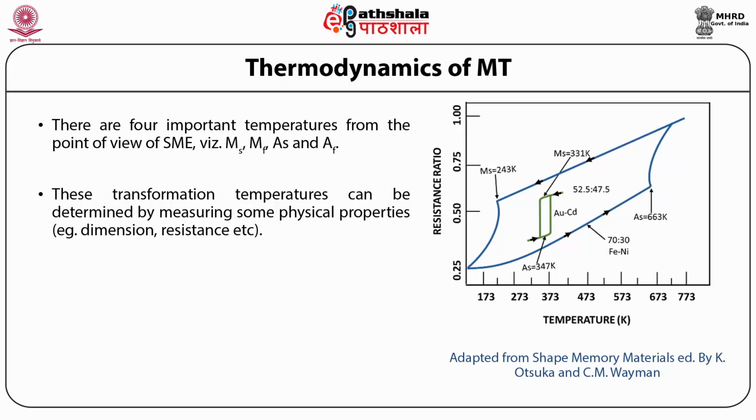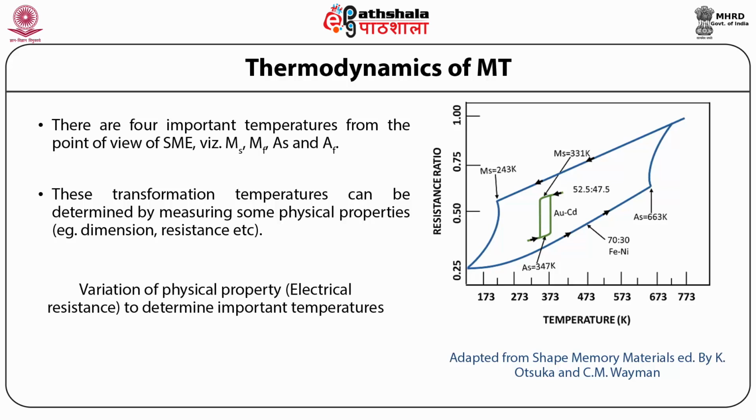As you can see in this figure, students, note that this shows the variation of the physical properties used to determine the characteristic temperatures of Martensitic transformation. This shows the resistance ratio, and the change in the slope provides the information about the characteristic temperature.